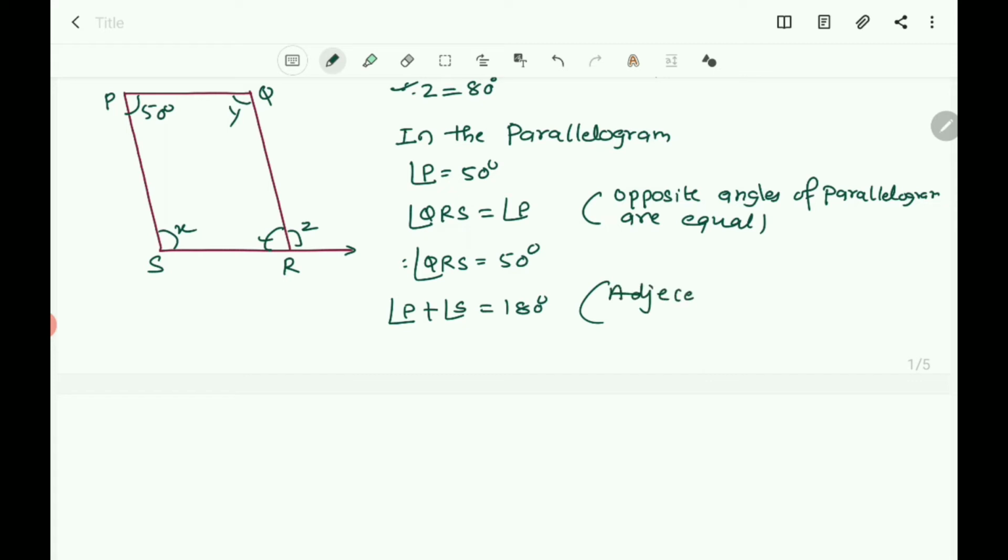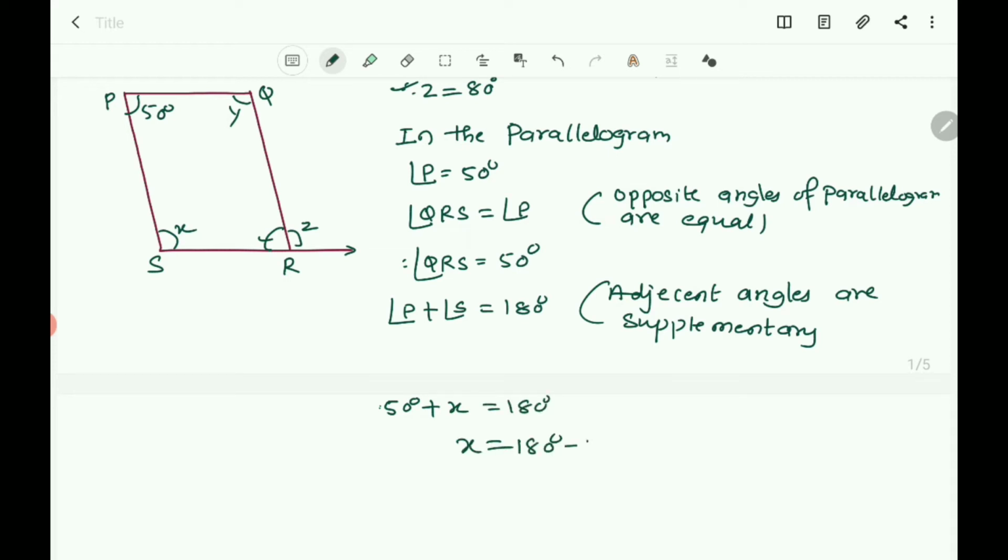Therefore, angle P, here 50 degrees, plus x is equal to 180 degrees. So, x is equal to 180 degrees minus 50 degrees. That is equal to how much? 130 degrees. So, you got the value of x here.